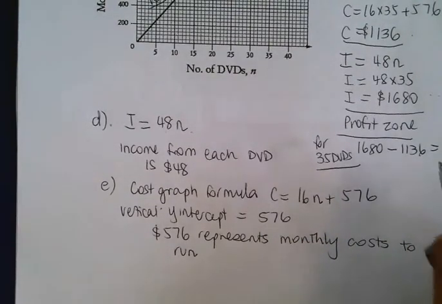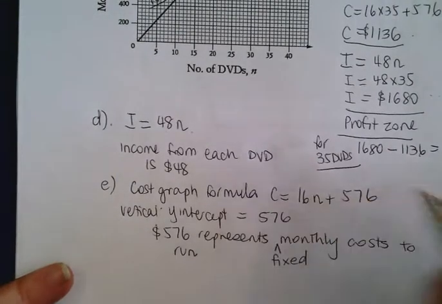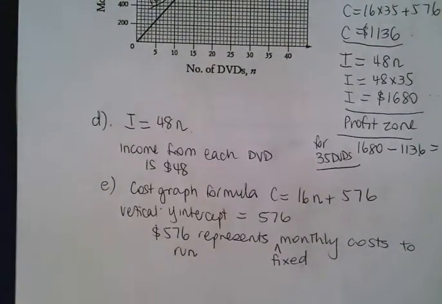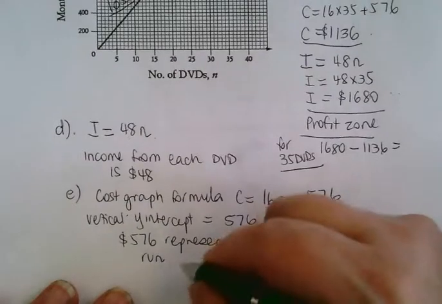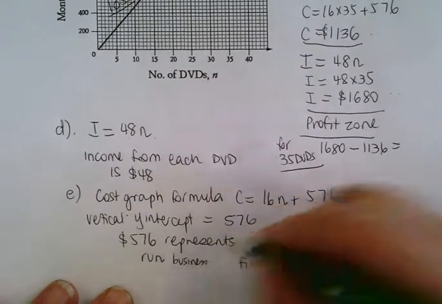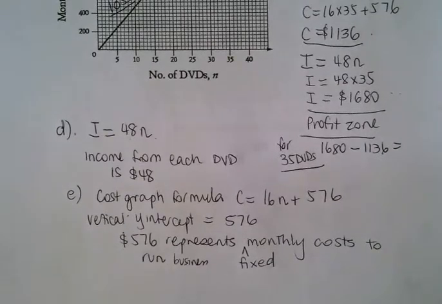So you've got to pay that 576 whether you sell one DVD or none to run the business. So 576 represents your fixed monthly costs. That's the vertical intercept.